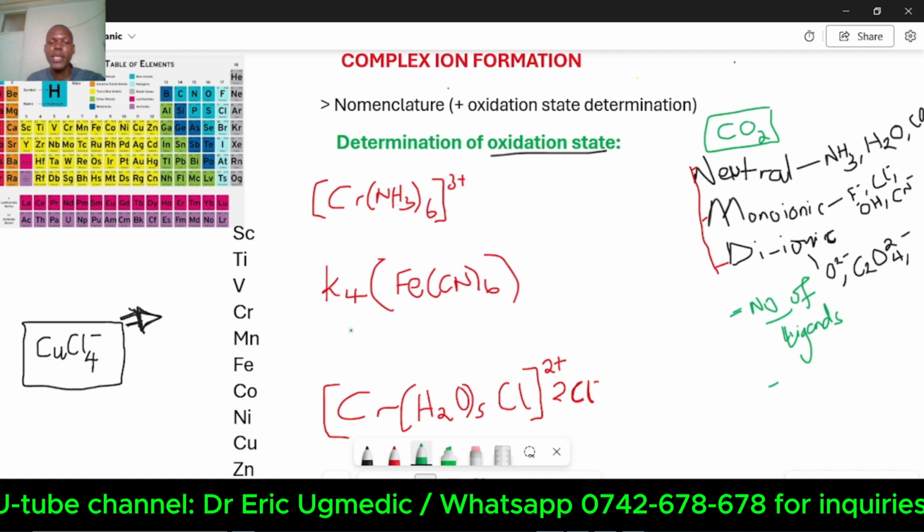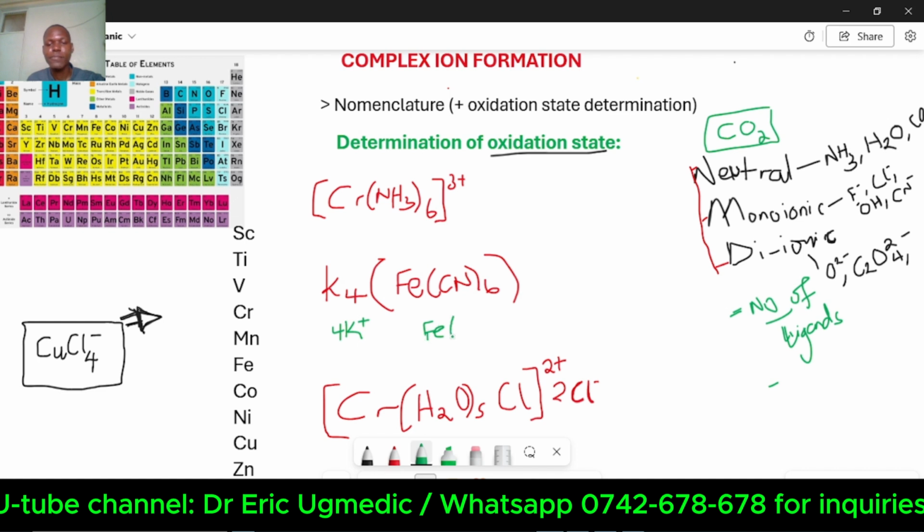What I mean is that if I know my potassium ions are positively charged and I have 4 of them bonded to this complex, it means that these ones must also be 4 and of the opposite charge.